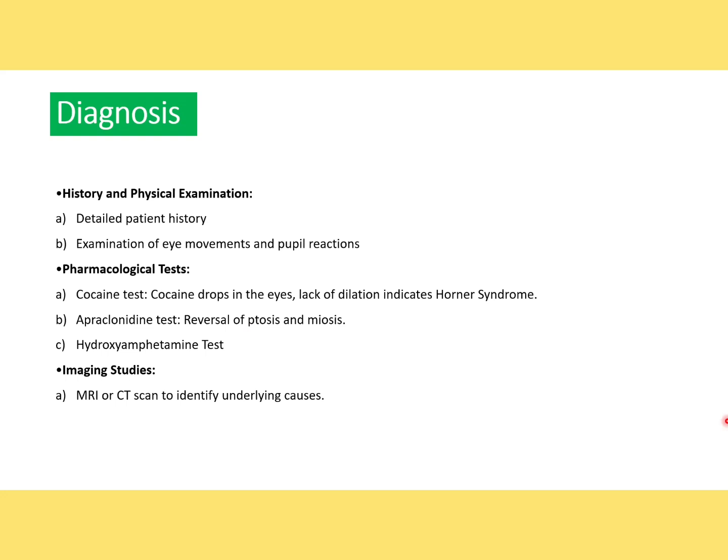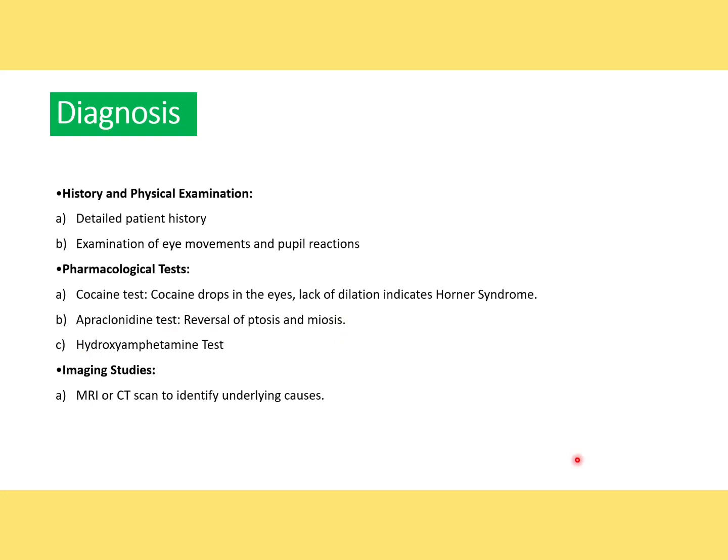So that is how also we can get an idea that Horner syndrome is present. If after putting the apraclonidine, the pupil dilates or ptosis improves, then ultimately it suggests the patient might have Horner syndrome.